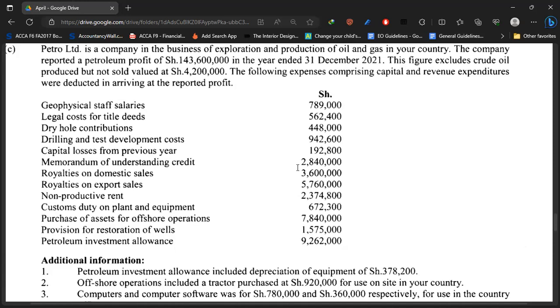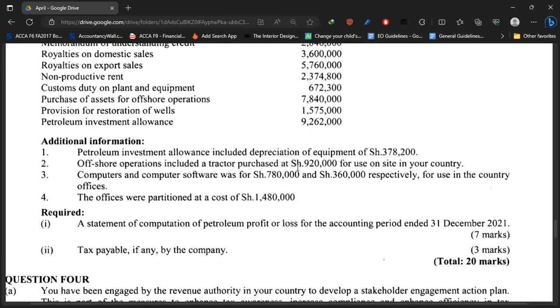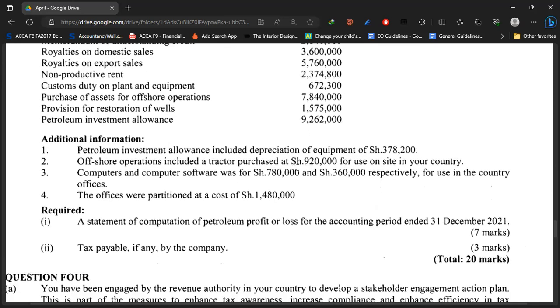Computers and computer software were 780,000 shillings and 360,000 shillings respectively, for use in the country. Could you scroll down? Number 4, the offices were partitioned at a cost of 1.48 million shillings.